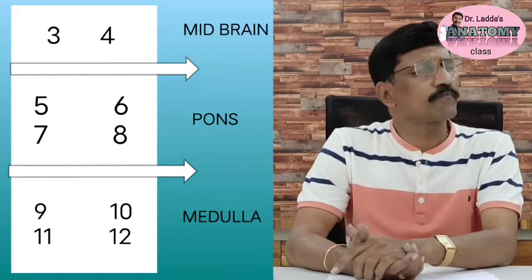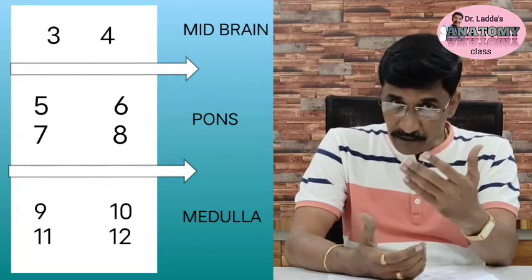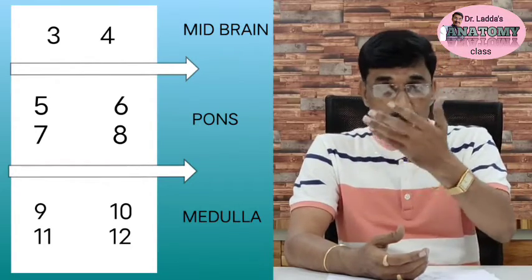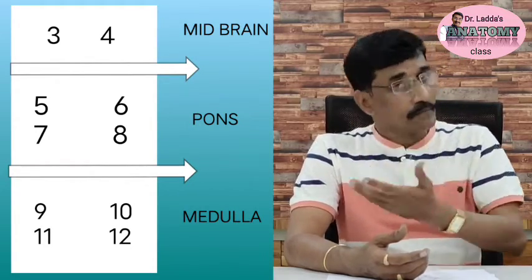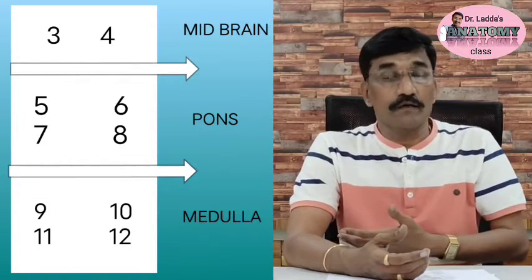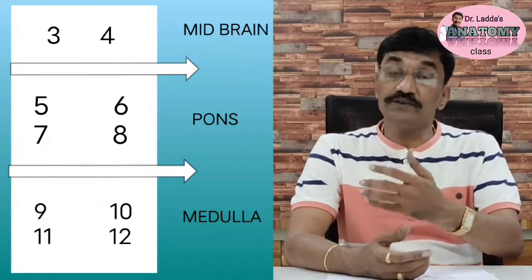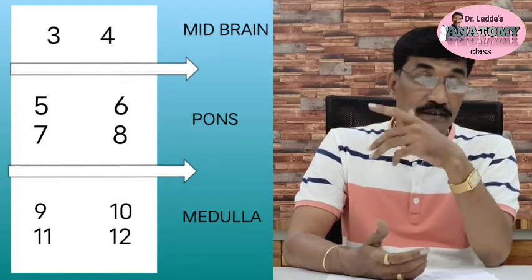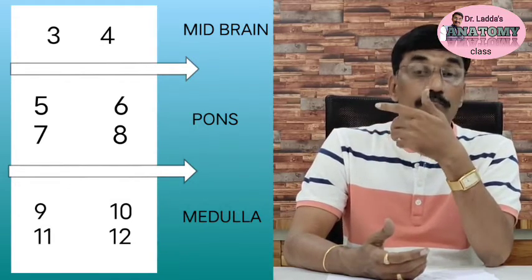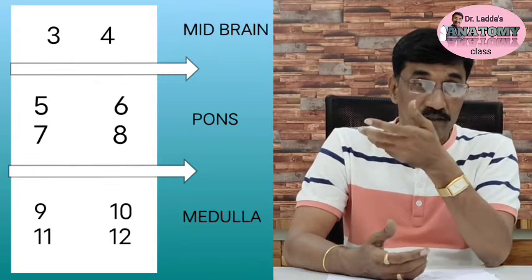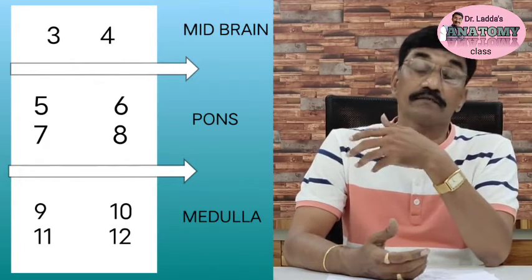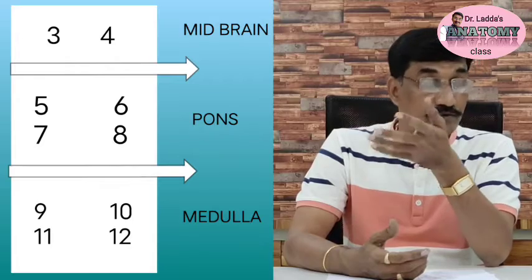What is this 3? 3 is for third cranial nerve. In the same sense, 4 for fourth cranial nerve, fifth cranial nerve, sixth cranial nerve. Looking at this simple diagram, we know that 3 and 4 are concerned with midbrain, whereas 5, 6, 7, 8 are concerned with pons, and 9, 10, 11, 12 are with medulla oblongata.